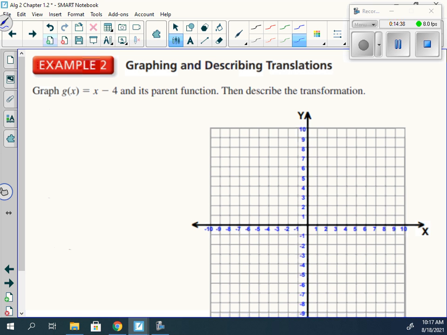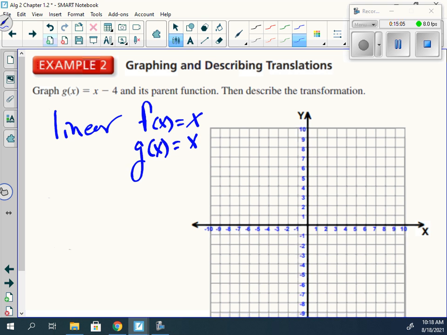The parent for x minus 4 is a linear function, because its parent is f of x equals x. Now, its transformation, g of x, I'll write it here next to it so we can see, is x minus 4. So we're subtracting 4 from the x, yes? Is it inside parentheses?